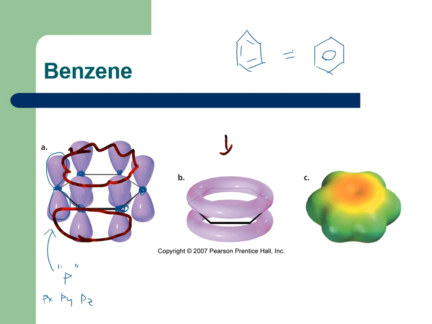And then C is the electrostatic potential map. That electrostatic potential map basically gives you color codes, and those color codes are areas of green and red and blue. So green areas are very neutral.